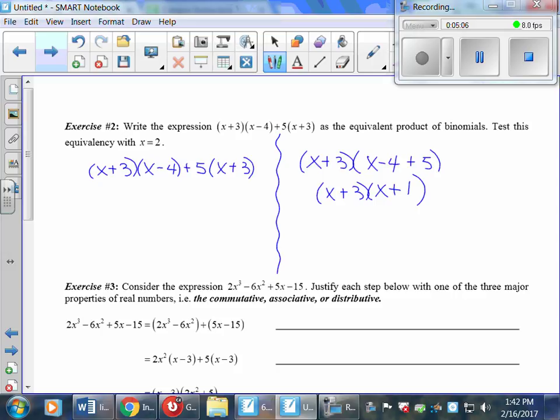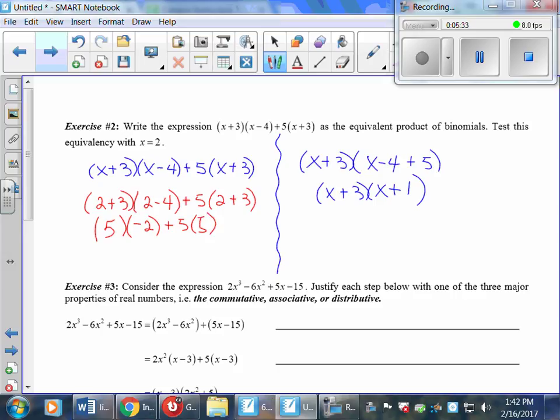All right, and they're saying to check it with x equals 2. So that means wherever there's an x, I'm going to put a 2. So I get 2 plus 3 times 2 minus 4 plus 5 times 2 plus 3, which is equal to 5 times negative 2 plus 5 times 5, I almost said 6, times 5.